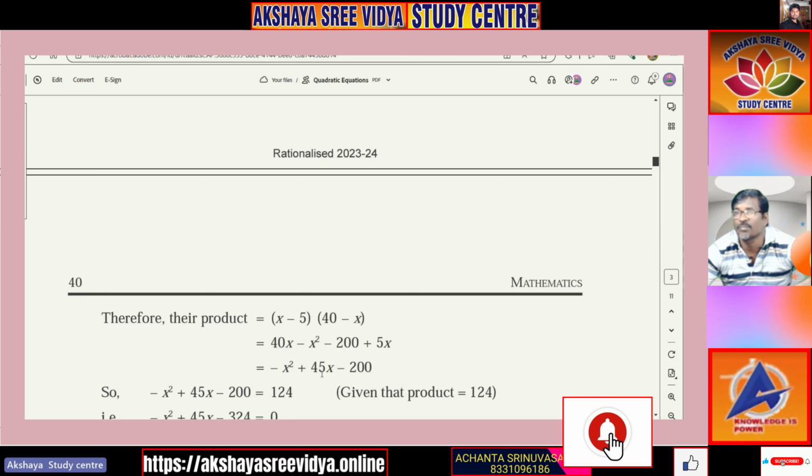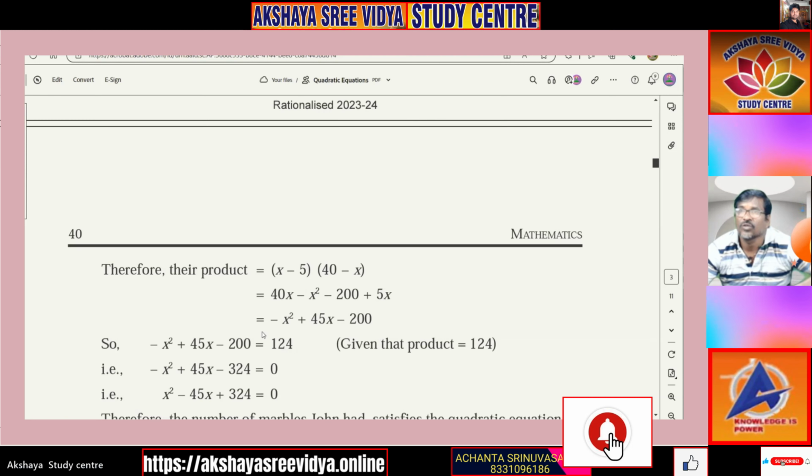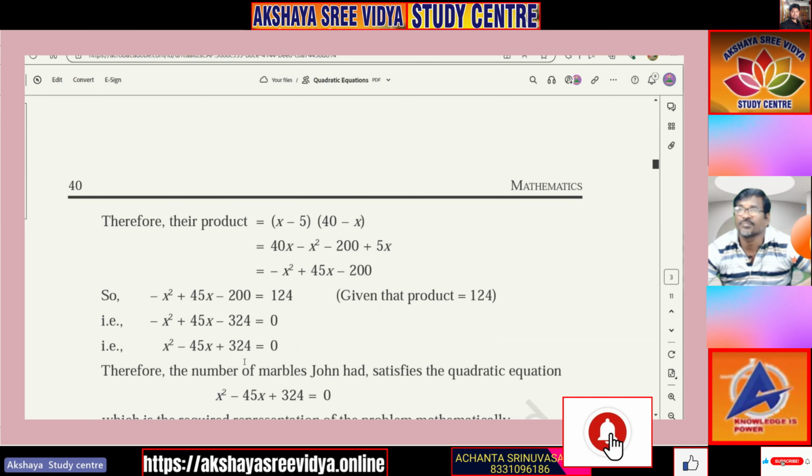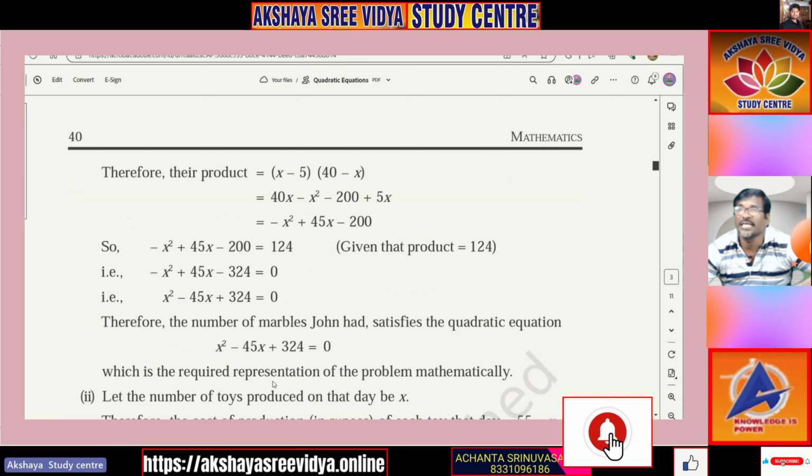Therefore, minus x square plus 45x minus 200, and the total product is 124. Therefore, x square minus 45x plus 324. That is the required representation of the problem: the number of marbles John had satisfies the quadratic equation x square minus 45x plus 324.